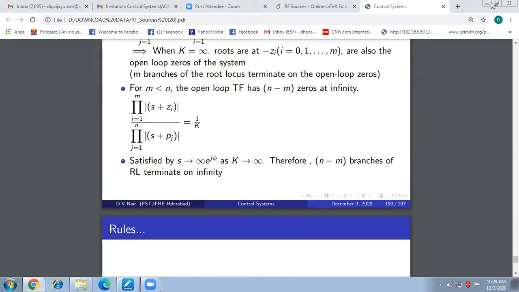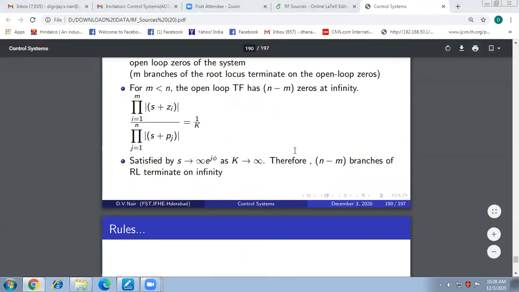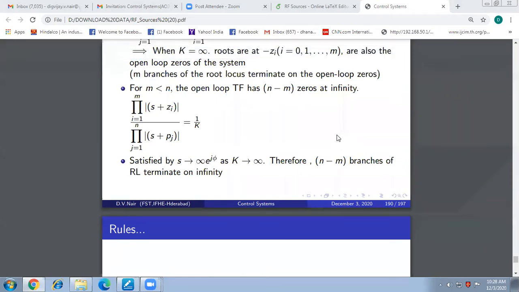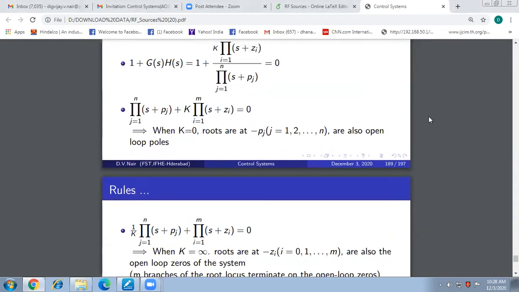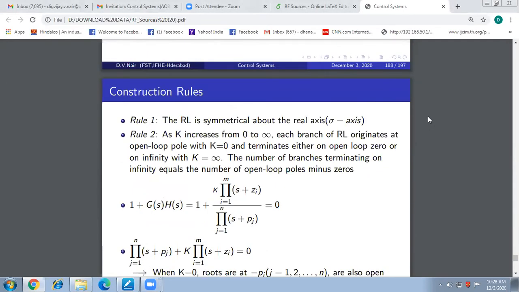Let us move quickly here. Then we have seen some of the rules of obtaining the root locus. We know that the first rule is the root locus will be symmetrical about the real axis, right? Since we know complex roots are also symmetrical about the real axis. No complex root can exist in isolation. It will be accompanied by its conjugate.